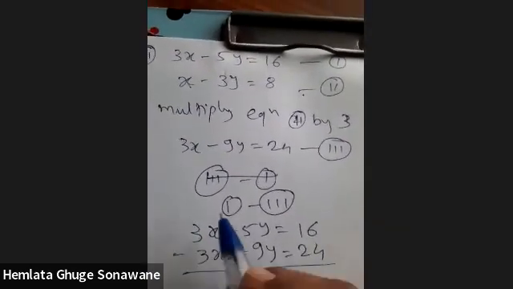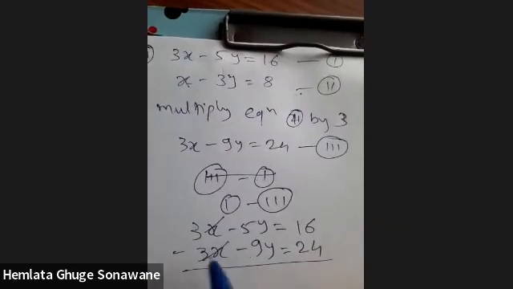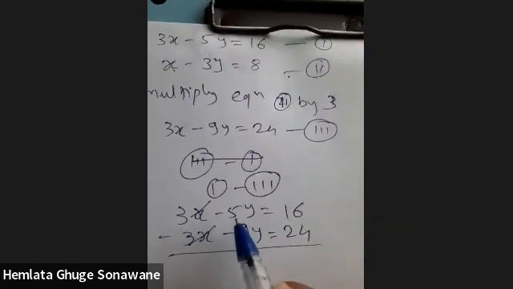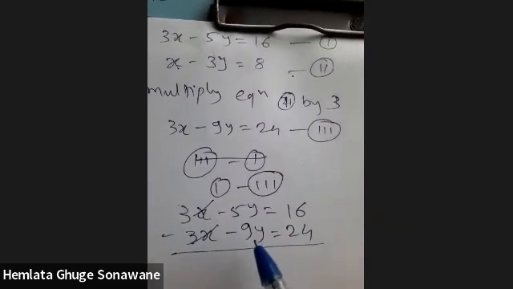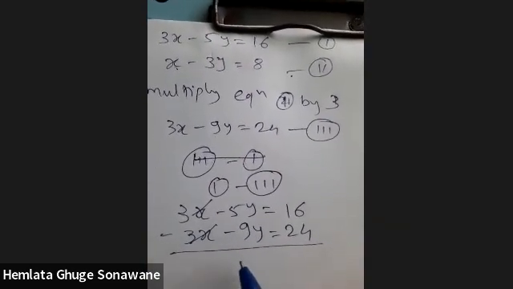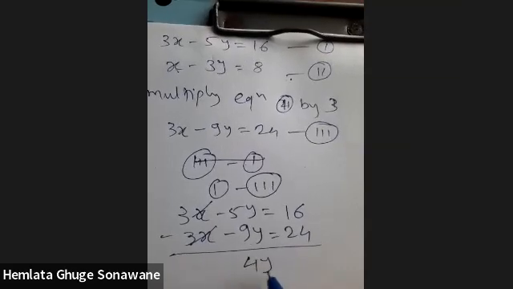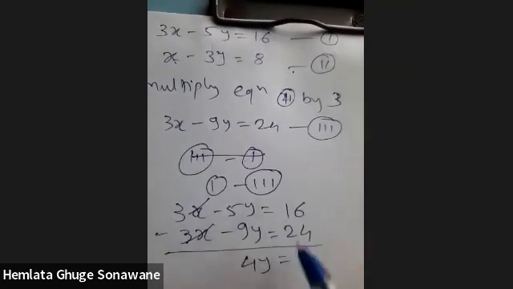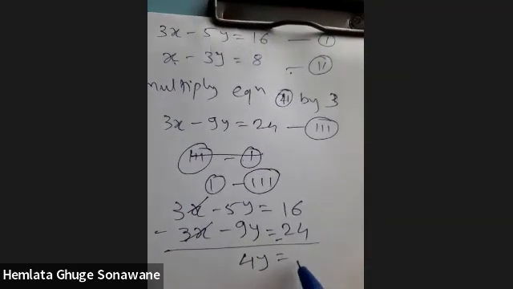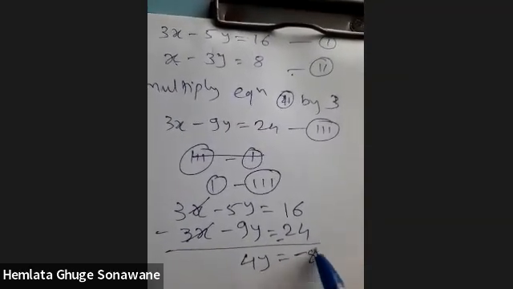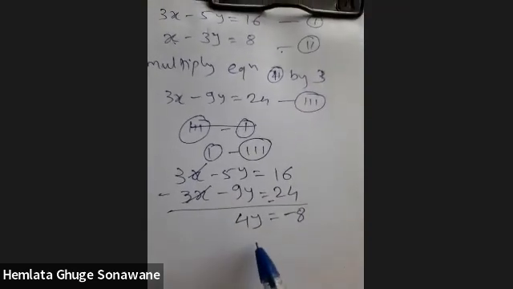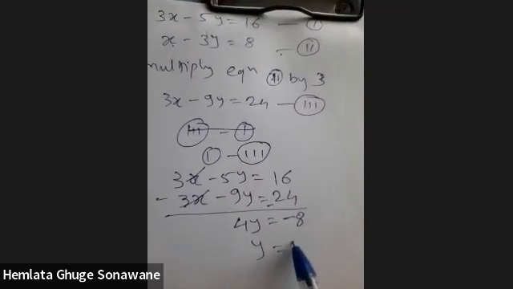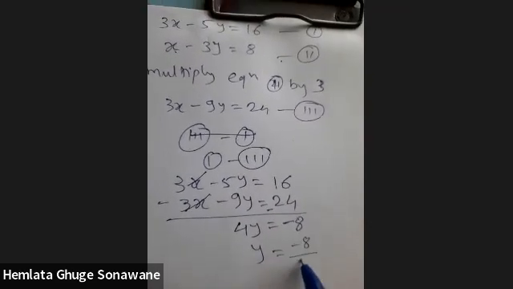Now here 3x and minus 3x get cancelled. This minus 5y plus 9y becomes 4y is equal to 16 minus 24, which becomes minus 8. Now we have got 4y is equal to minus 8, that is y is equal to minus 8 upon 4.